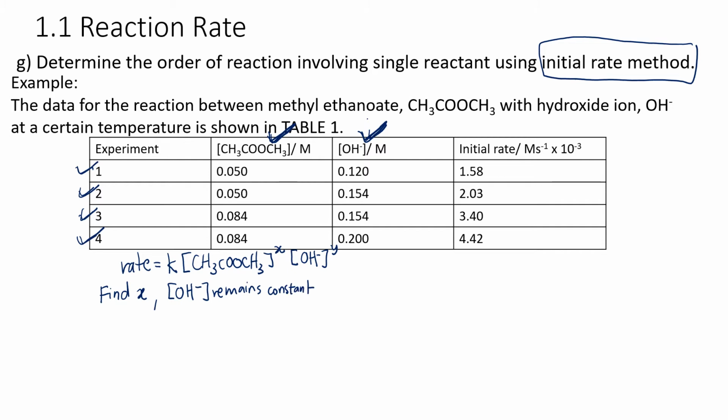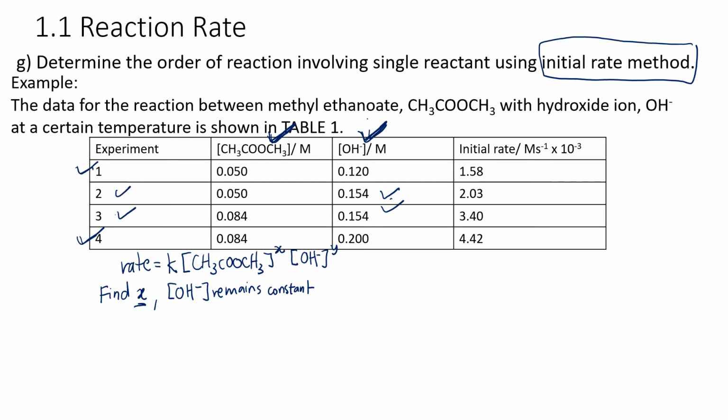Then you need to look for the experimental data where the concentration of OH minus is constant. In this question, can you see that experiment 2 and experiment 3 have the OH minus concentration remaining constant? So to find x, we need to use the experiment 2 and experiment 3 data.